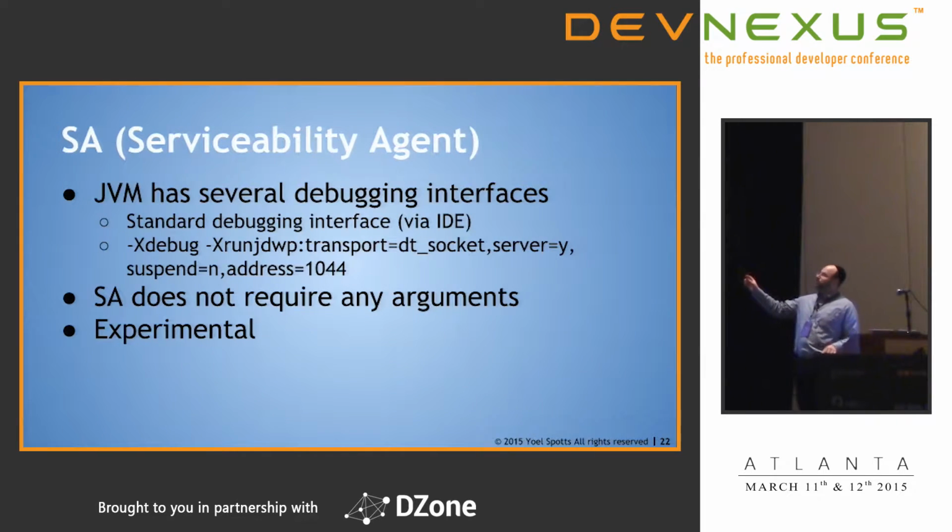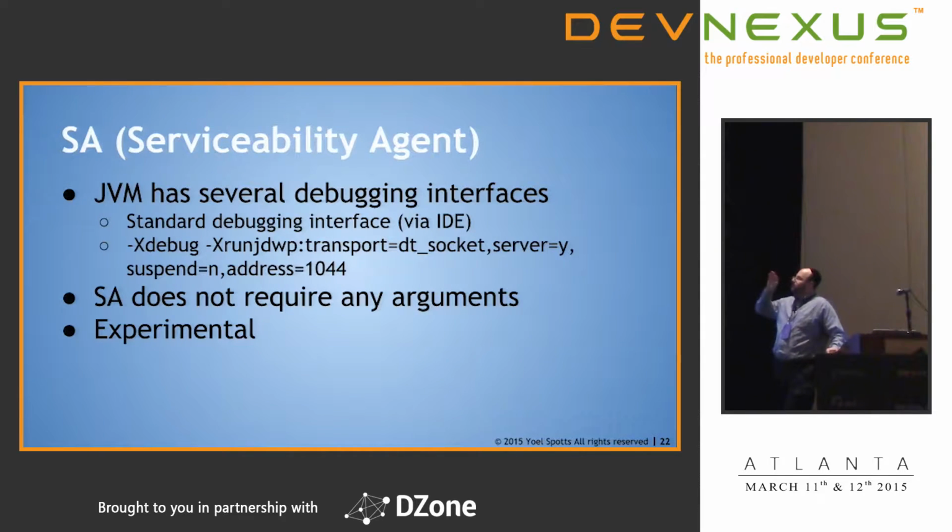Now, just to distinguish the serviceability agent from regular debugging: if you've ever started your application in a debugger in the IDE, or tried to connect to it, you've had to put some command line arguments there in order to be able to connect.